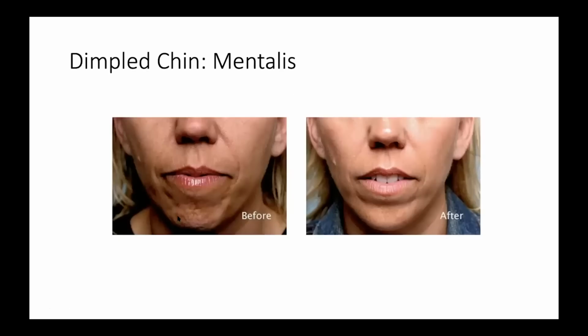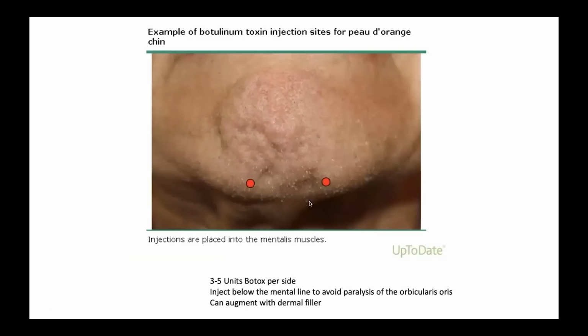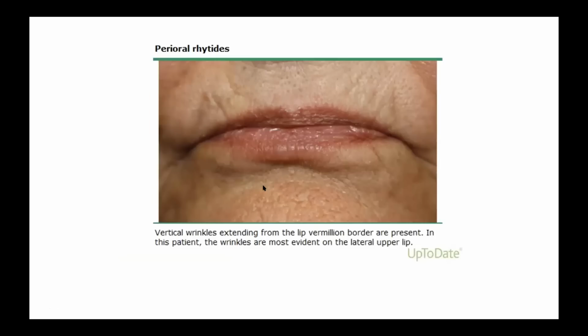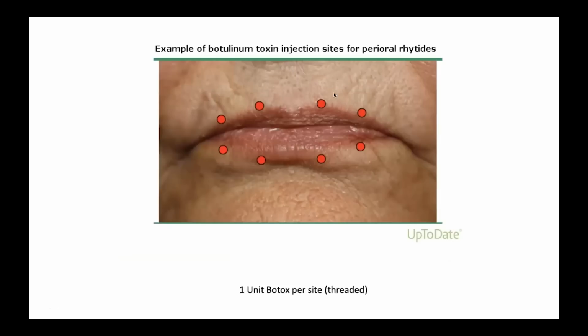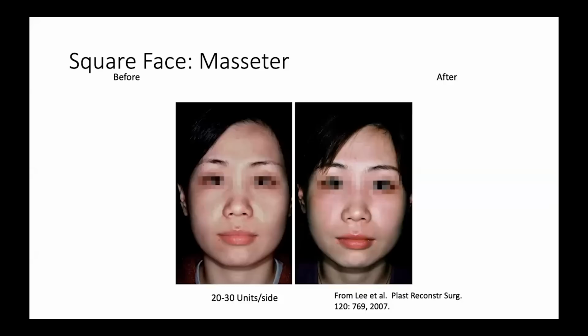A dimpled chin, we can often treat with a couple units of Botox into the mentalis muscle as well. And we can also treat these fine lines around the mouth with some Botox. We can also use it to decrease the squareness of the jaw. Treating the masseter, which is a very large muscle in the face, will over time allow more of a chiseled face and decrease some of the squareness of the jaw.